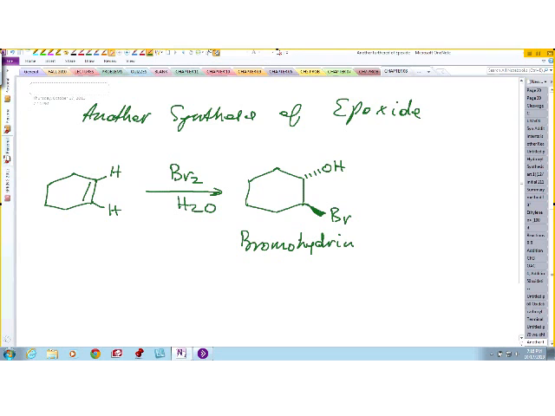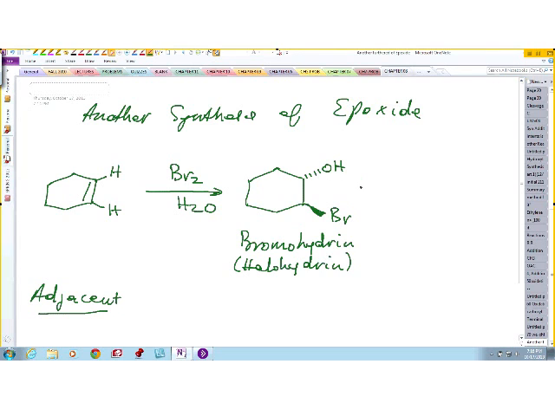The general name is halohydrin because we could also have chlorine, which becomes a chlorohydrin. A halohydrin is when you have a hydroxide and a bromine or chlorine atom on adjacent carbon atoms, in other words, carbon atoms that are next to each other.